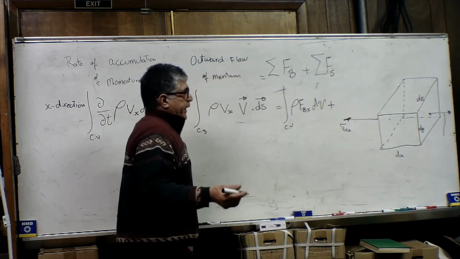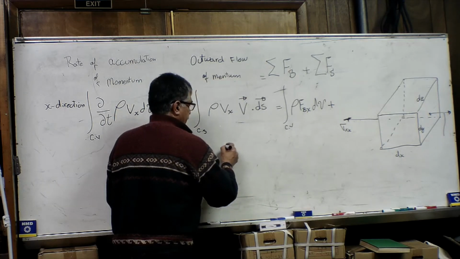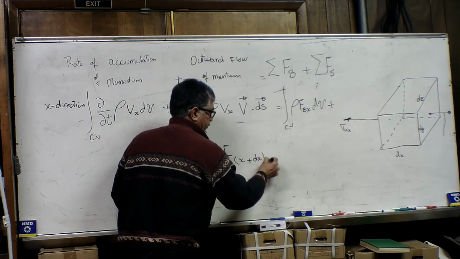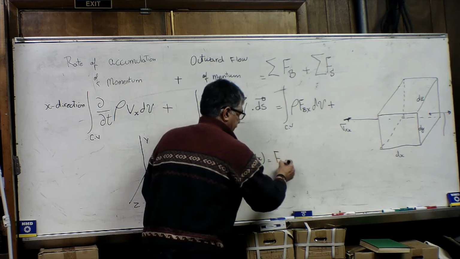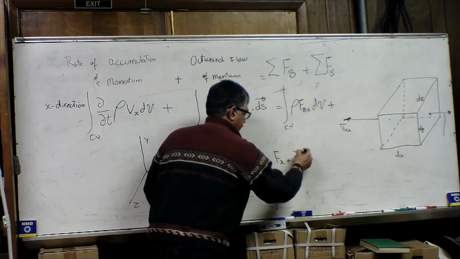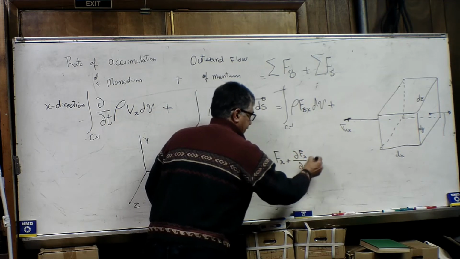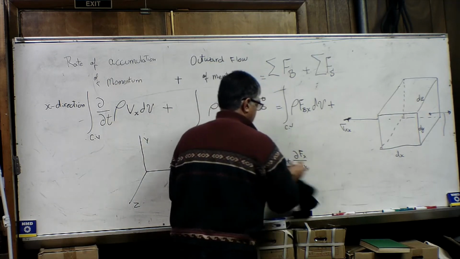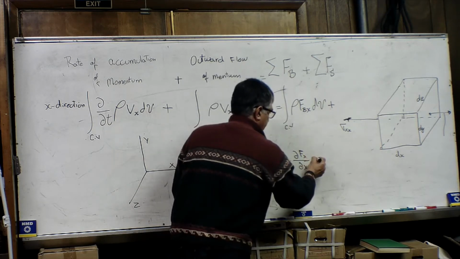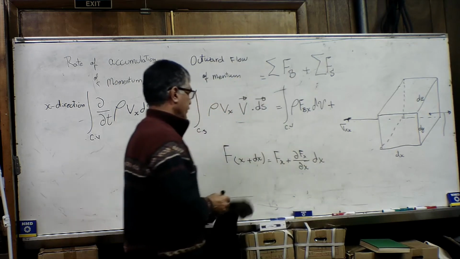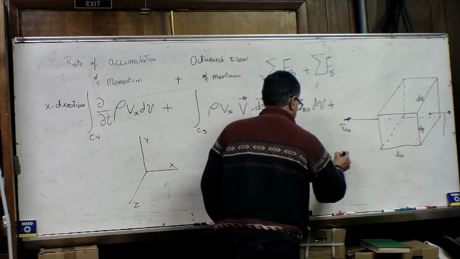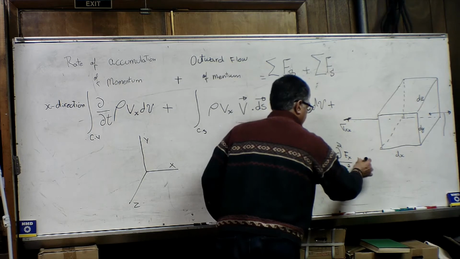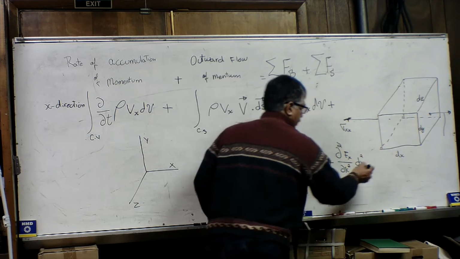we can use the Taylor series. We have f at x plus dx, which can be written as f at x plus the partial derivative of f with respect to x times dx, plus the second partial derivative of f with respect to x squared times dx squared divided by 2 factorial, which is 0.